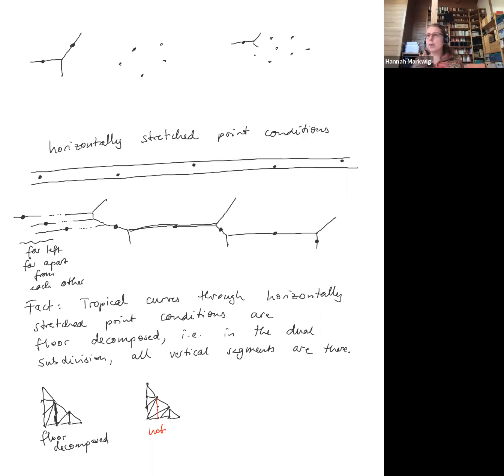Now, I should also say a word about the terminology. We call those horizontal edges elevators. Then we take a component of the tropical curve minus the elevators. That will be a path connecting a downwards end with a diagonal end, and these things are called the floors.